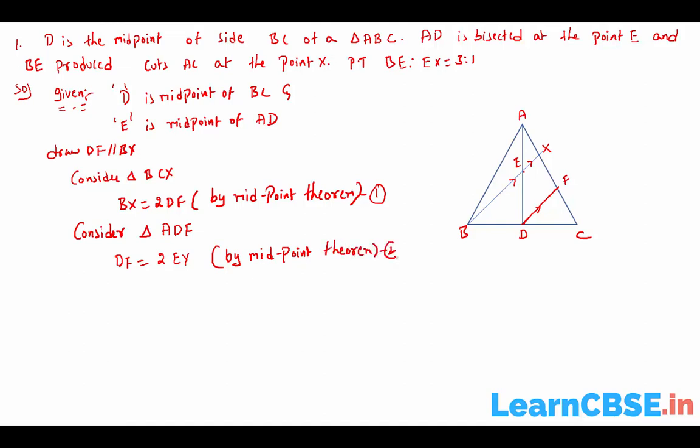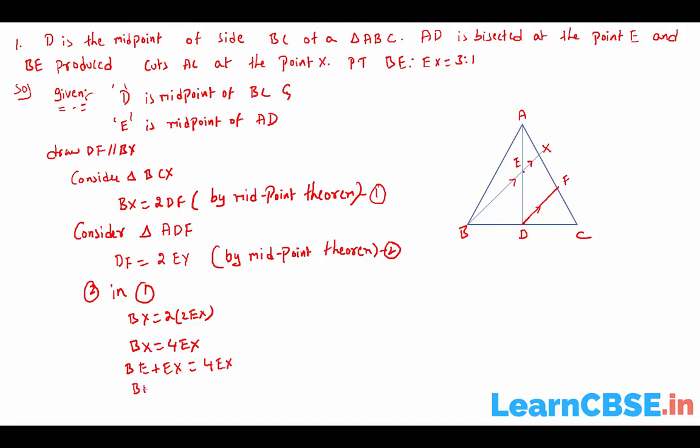Let it be 2. Now substitute 2 in 1. You get BX equals 2 into 2EX, that means BX equals 4EX. I can split BX as BE plus EX, that equals 4EX.